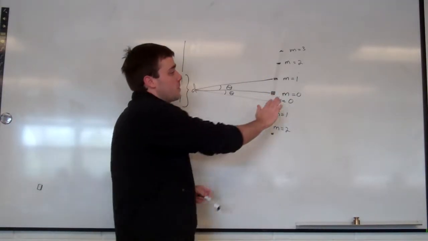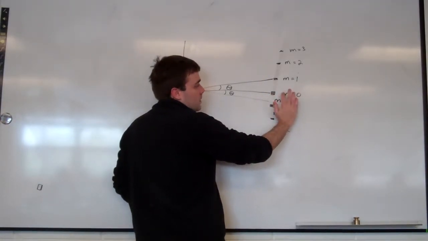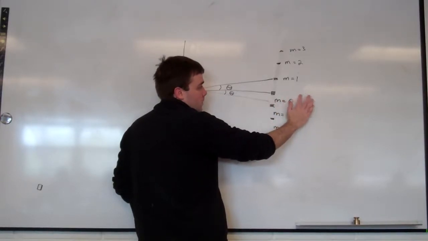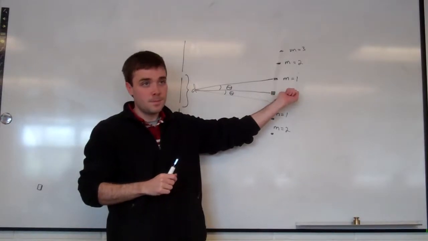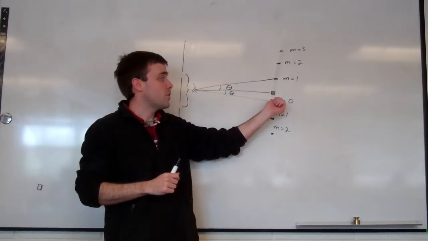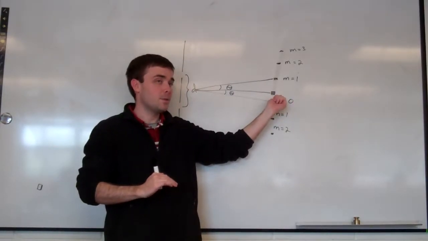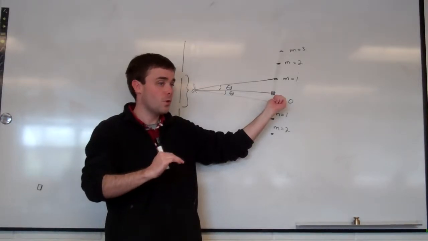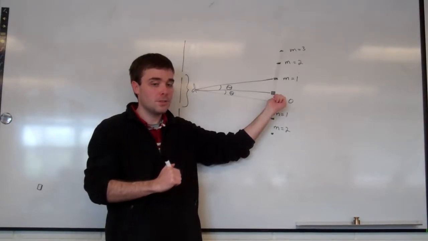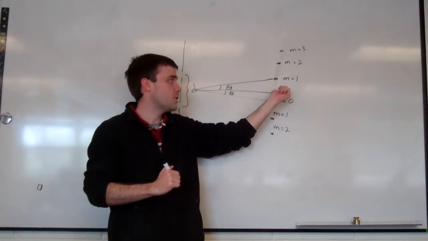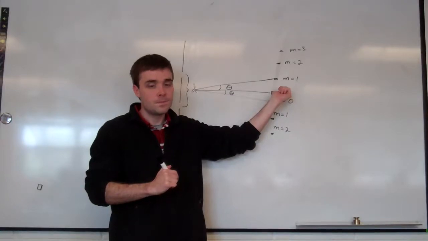For the bright spots m equals 0, actually I shouldn't even put that down to be honest. This is just the central maximum. For the dark spots, the first dark spot is m equals 0. So if it says first order, you're finding the angle to that first dark spot, and you use m equal to 0. Does that make sense? But it's always measured from this central spot.